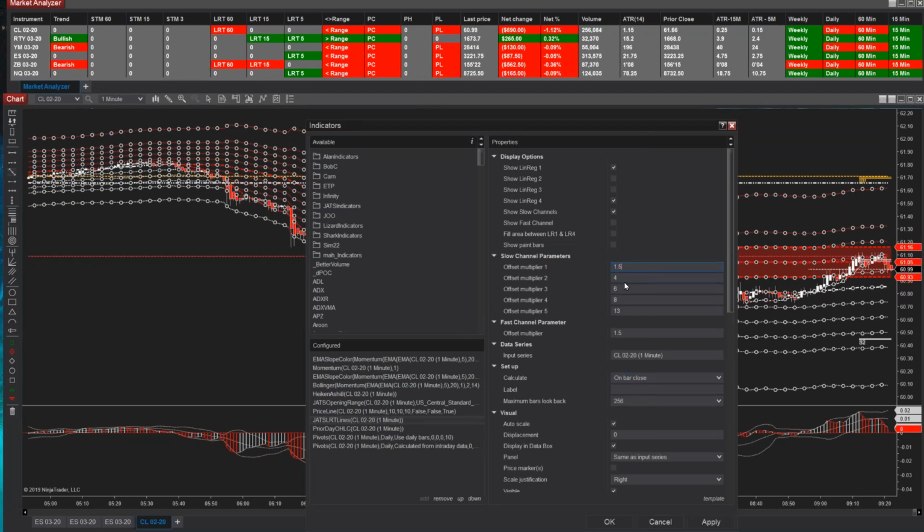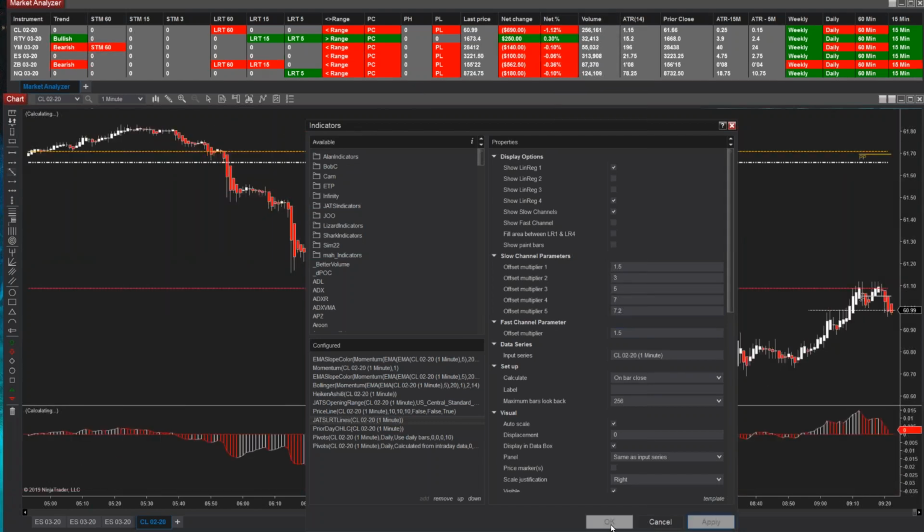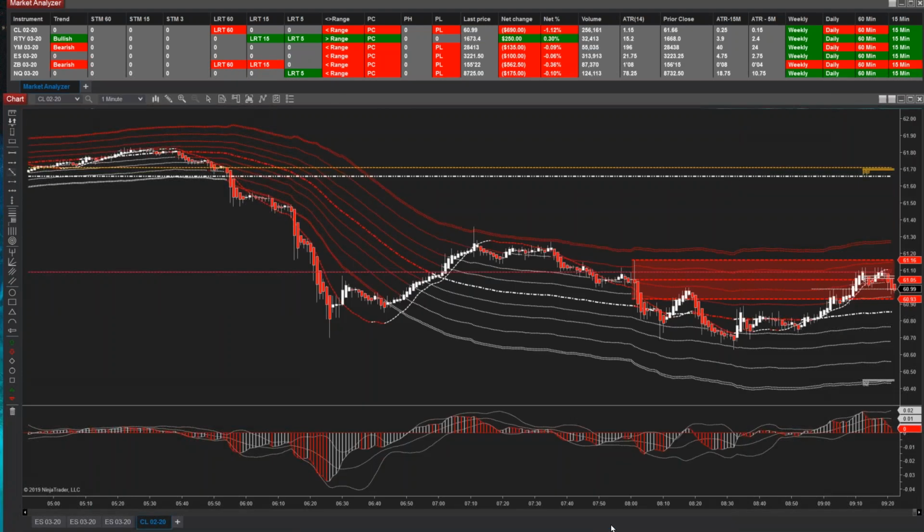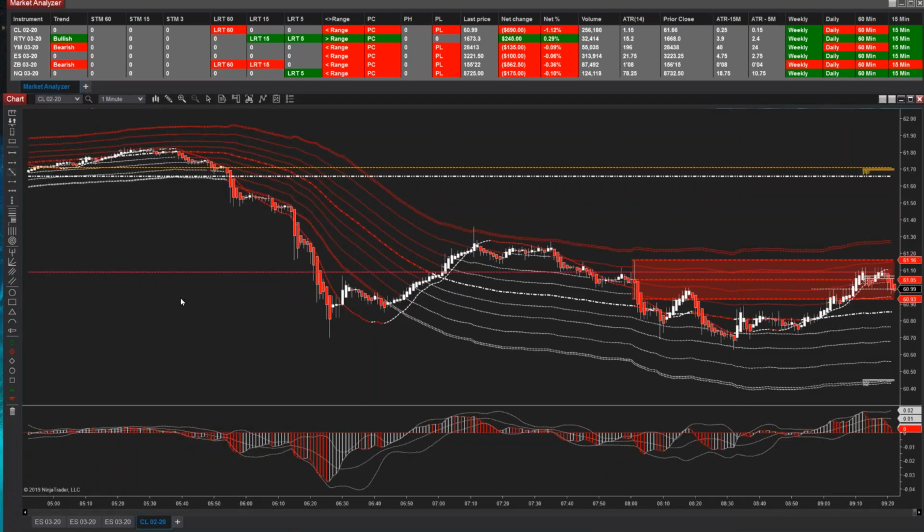I'm going to put this back to my standard settings. Because the 7.2 is generally an area that on average in a normal distribution should be just about right to contain price.